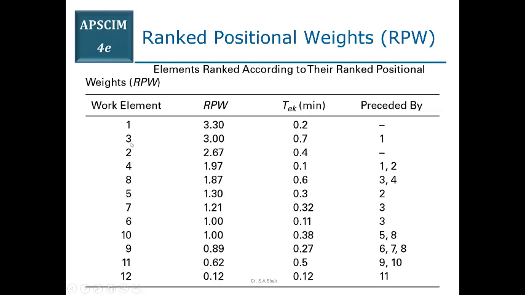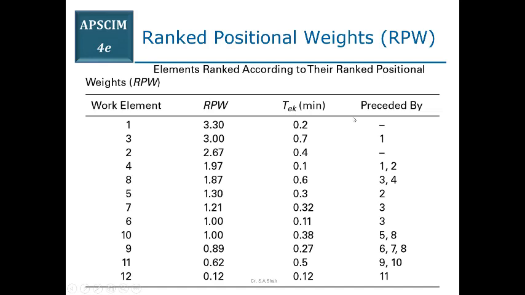So here, work element number 1 has the highest rank value, and naturally those elements will come at the top which have the most followers. So 1 is first, then 3 comes, then 2, 4, 5. So these are the corresponding rank values, the corresponding processing or assembly times are in the next column, and the corresponding precedence requirements will come in the last column. The rest of the steps remain the same.